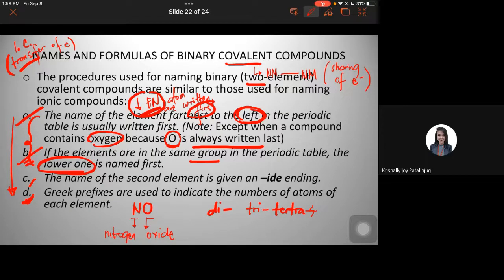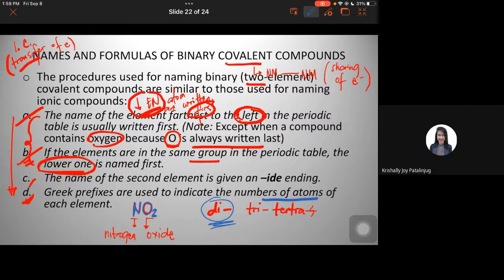Let's say in the given compound NO, I will write a subscript of 2 after O. This tells us that there are 2 oxygen atoms in this covalent compound, so we have to use the prefix di.